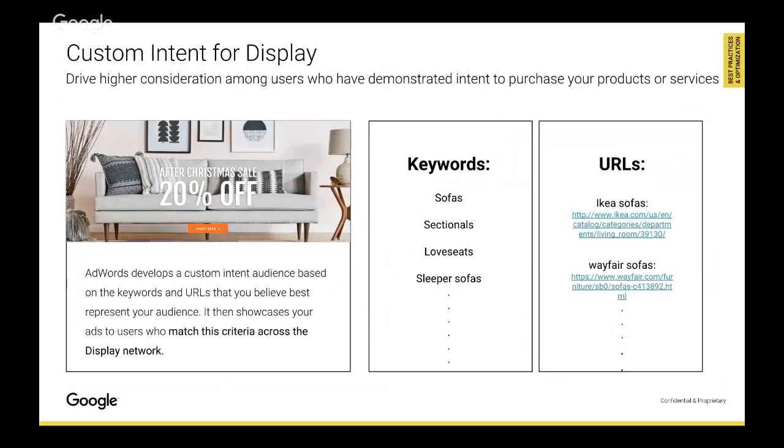So if you are competing with IKEA in the furniture category, then you definitely should put IKEA's URL. These are the best practices of putting the most relevant keywords and URLs when it comes to creating the custom intent.